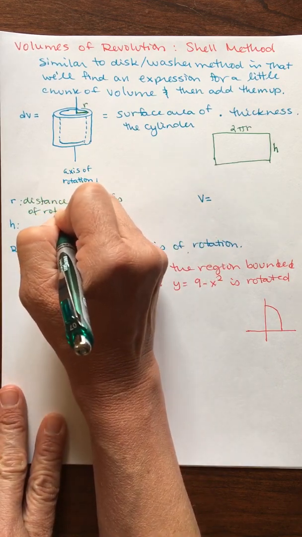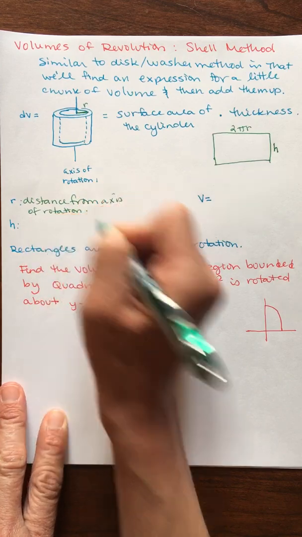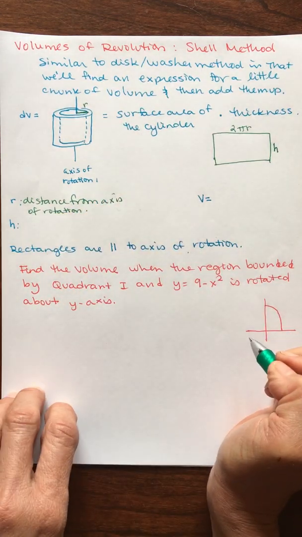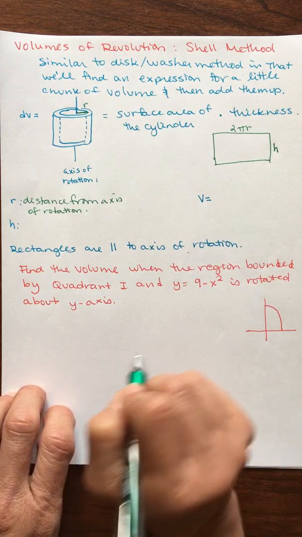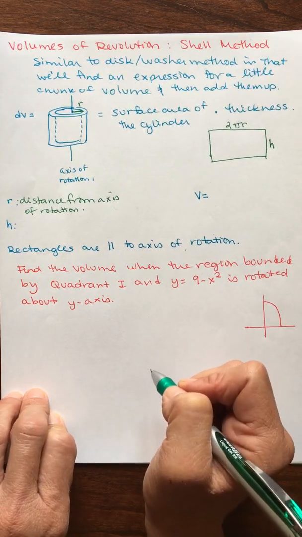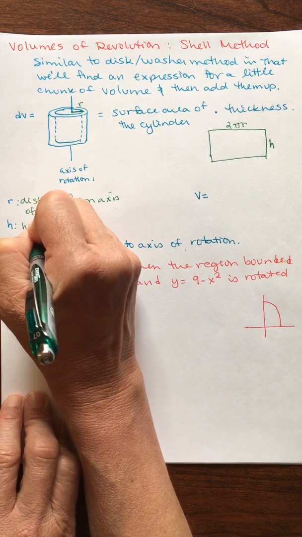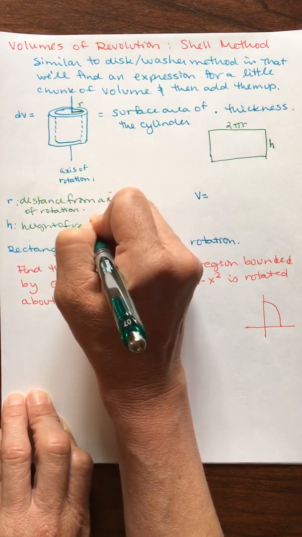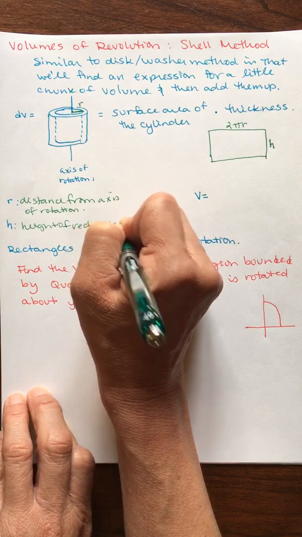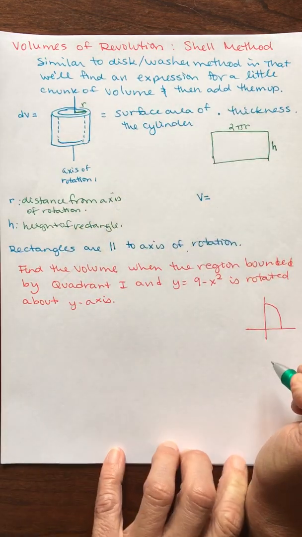You will hear me say that every single time for both the shell method and for the disk and washer method. It's my go-to. R is our distance from the axis of rotation. And then H is just the height of the rectangle. And then our thickness will be either a dx or a dy.